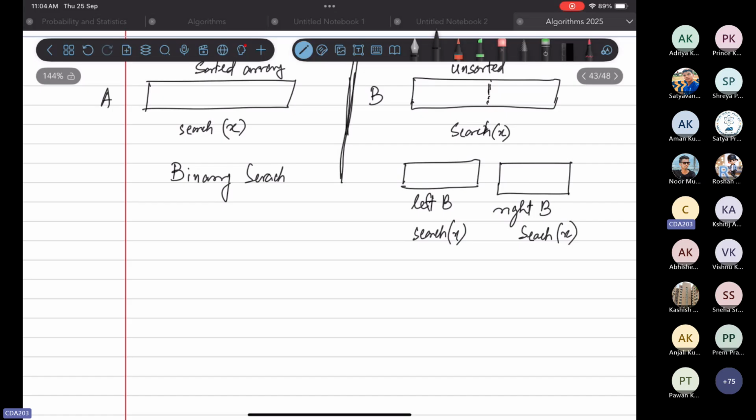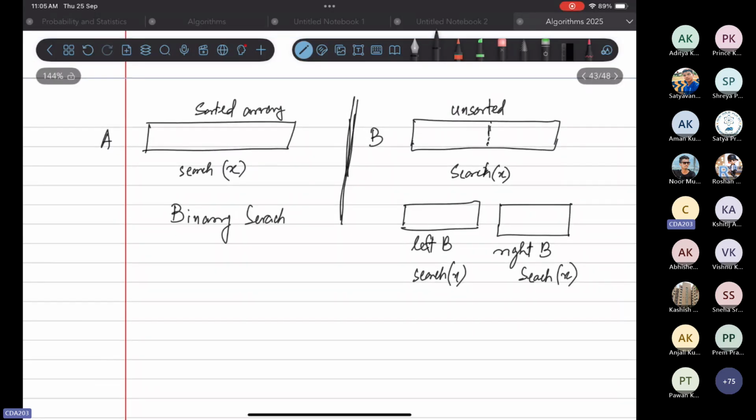Then can you tell me what would be the running time of this, or what would be the solution of the original problem? If I get my answer to be no here, can I tell you what the answer is for the other part?